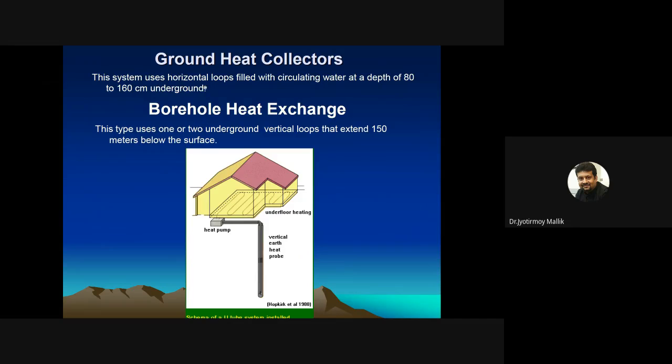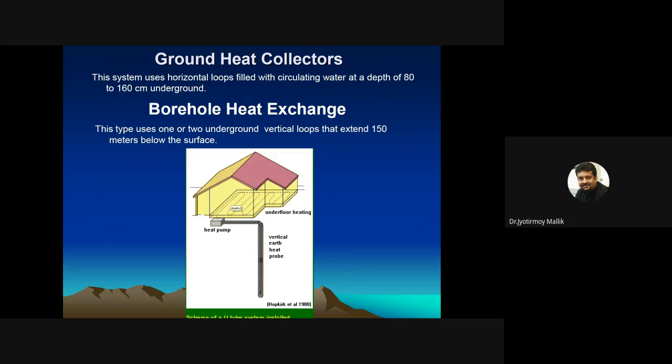This system uses horizontal pipes. So this is like the floor heating of a house. Remember, if you are living in Europe or in the US, and if your house has floor heating, generally you have wall heating, where there are heaters that heat your house. It's really nice. But if you have floor heating, that means you are really, really rich.